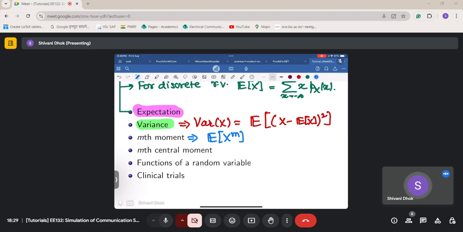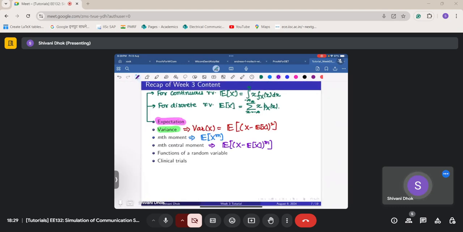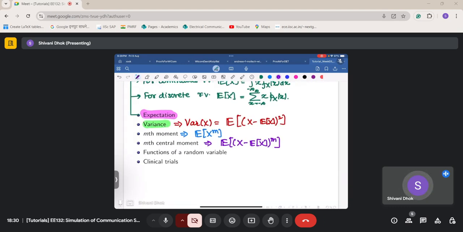There is another thing which is known as the mth central moment. It is defined by expectation of X minus the mean, you center it by removing the mean, and then take its mth power. This is known as the mth central moment. Another thing to note here is that this is equal to variance for m equal to 2.